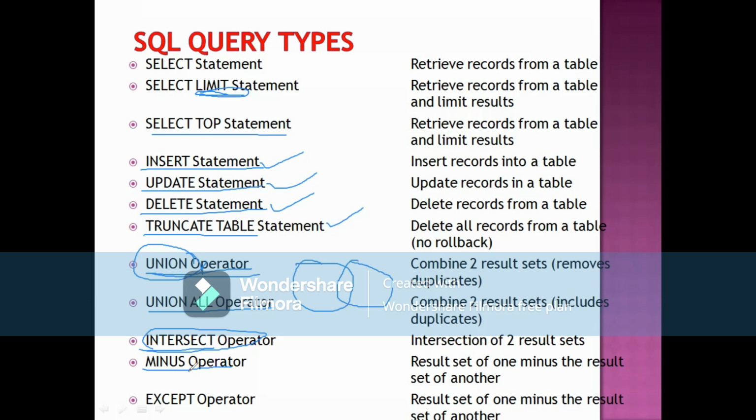Then we'll get the result. The except operator is also similar, where we can exclude some data. What data we exclude, we provide in the query. So the result set of one minus the result set of another is the same expression for the minus operator and the except operator. Okay.